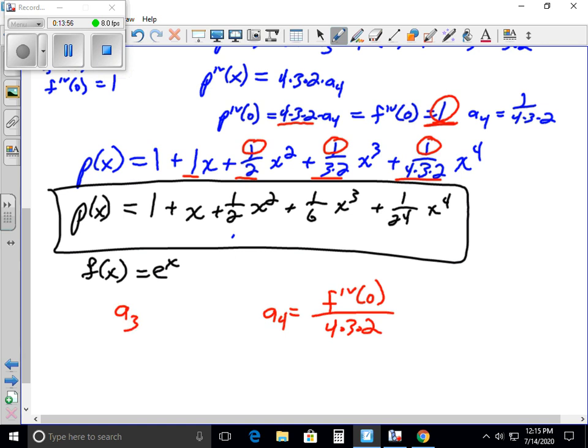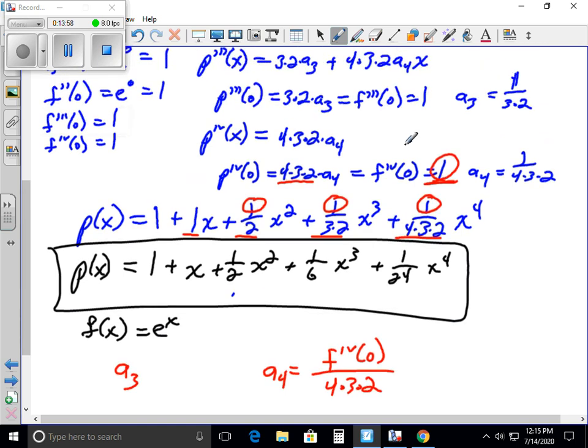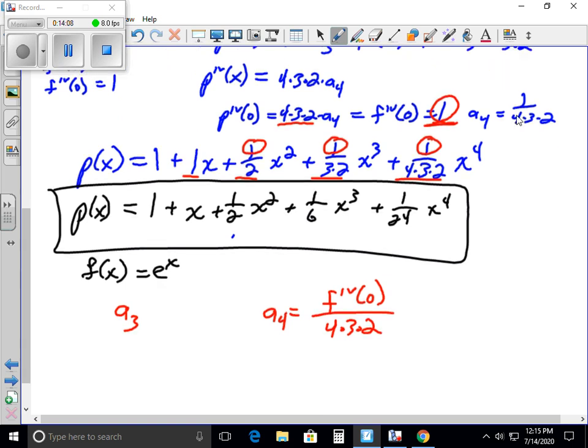If we look at a sub 3, same thing. This number is our third derivative at 0. That is on top, and we divide by 3 times 2. If we go back to a sub 2, it's our second derivative at 0 over 2.